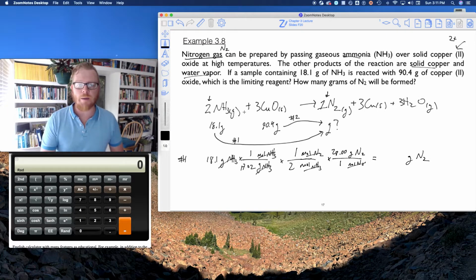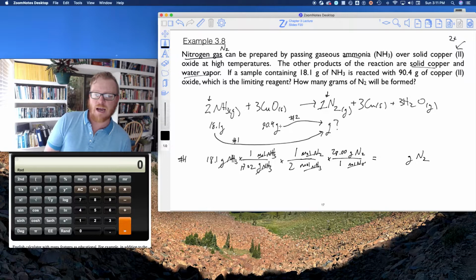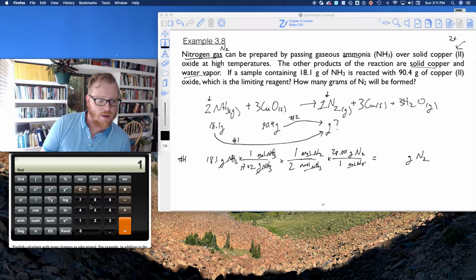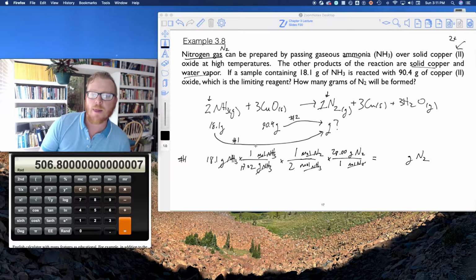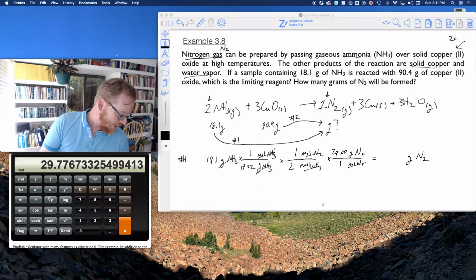Okay, so let's do the numbers. So I'm going to say 18.1 times 1 times 1 times 28. So I could probably just make that 18.1 times 28.00, sure, equals 506.8 something. And then I've got to divide it by 17.02. So we'll say divide by 17.02 equals, and then I've got to divide it by 2.